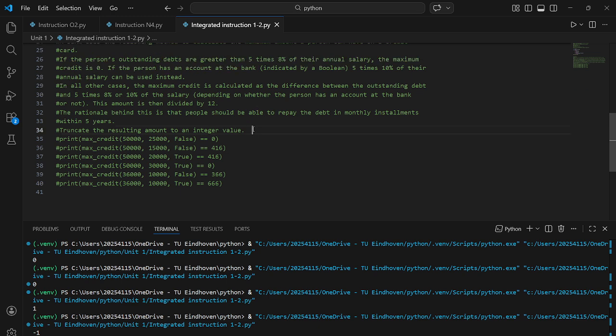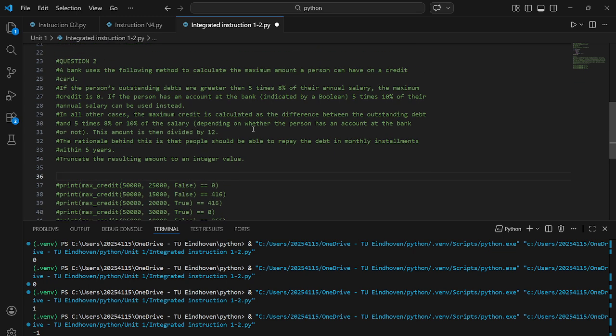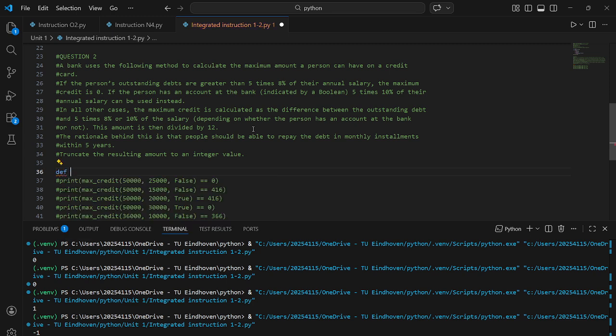Okay, so the next question is, a bank uses the following method to calculate the maximum amount a person can have on a credit card. If the person's outstanding debts are higher than 5 times 8% of their annual salary, the maximum credit is 0. So before we get confused, let's just write a function down. What do they want our function to be called? Let's see.